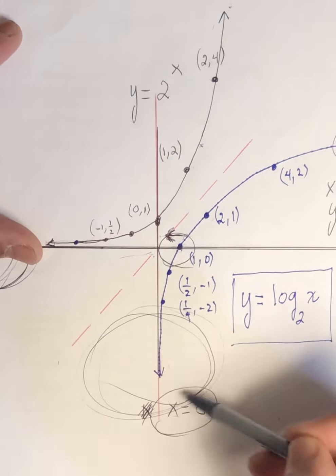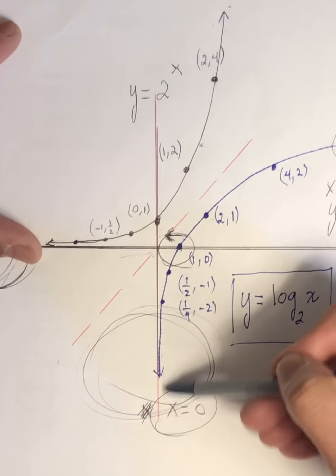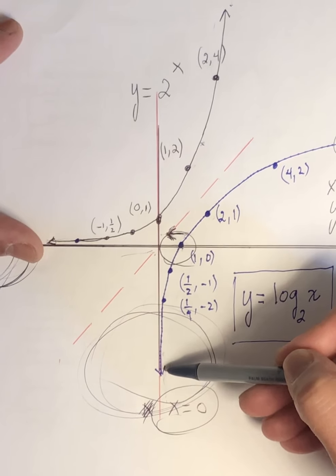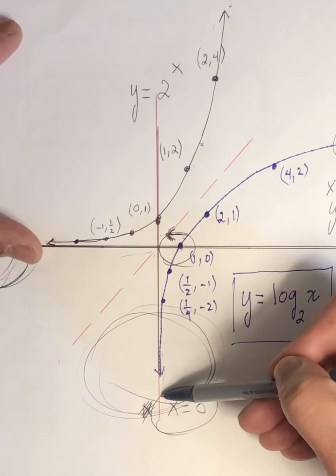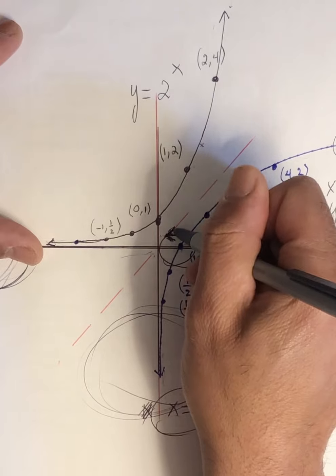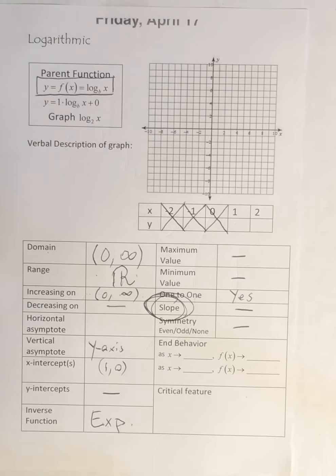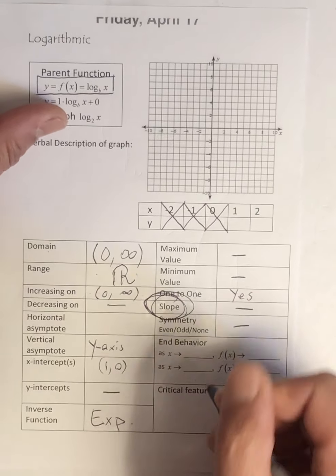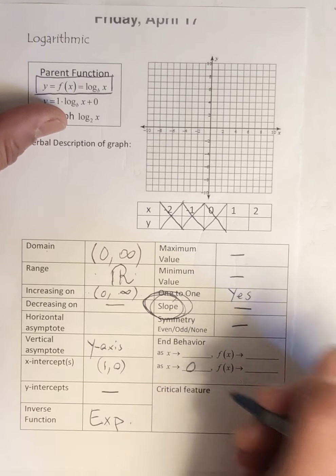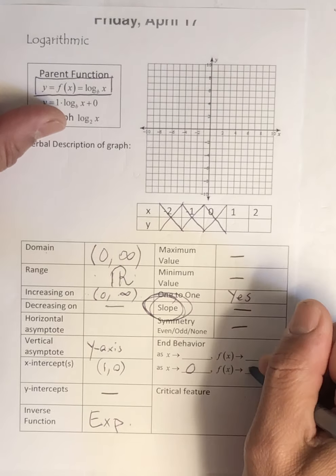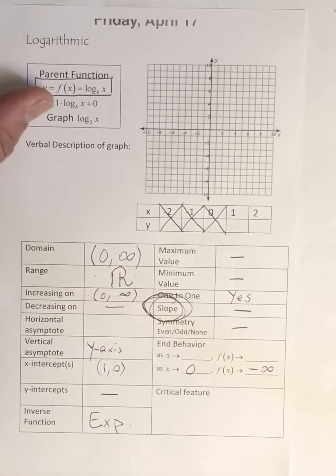Notice the left side of the graph is going toward negative infinity, right? But what's x doing as the graph is going down? Well, x is getting closer to 0. So we don't have a left-end behavior, but we can say as x approaches 0, f of x approaches negative infinity.